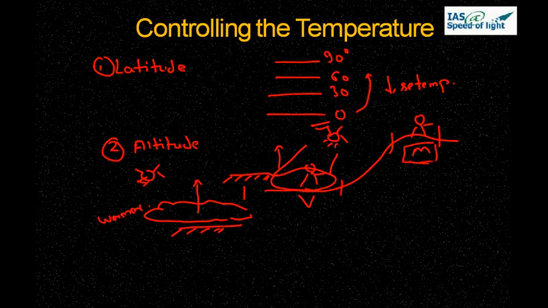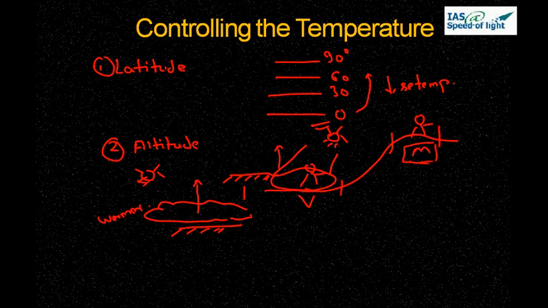So these are the two basic principles. First is the less surface area on the mountain top, and second is the warming of the surface of the earth. Using conduction, the temperature decreases as you increase the height above the surface.